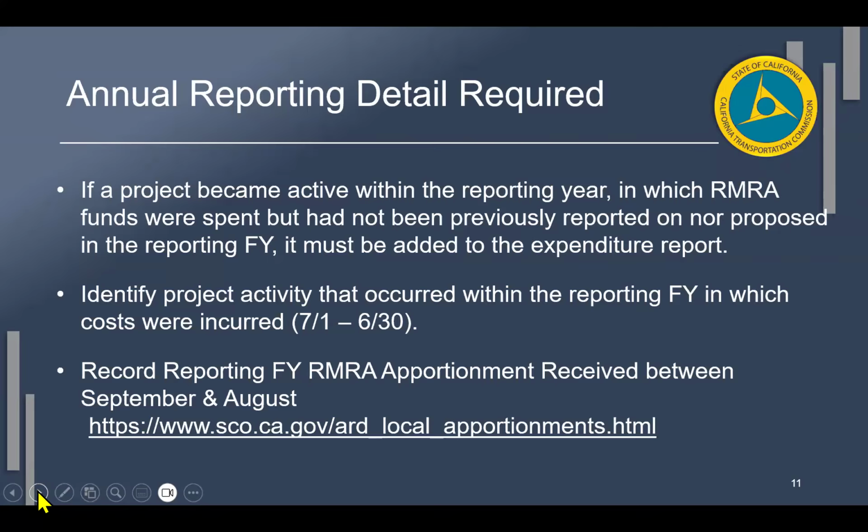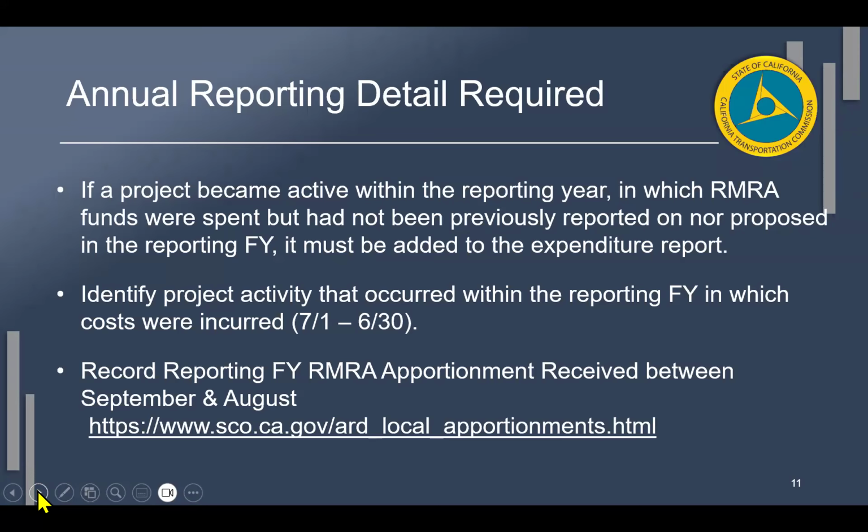And again, we're just going to reiterate that you're receiving your funds from September all the way to August. So a lot of times, if you're not working with your Department of Finance teams, someone in your finance division, you may not realize that those payments that show issued in July and August are to be counted towards the prior fiscal year.